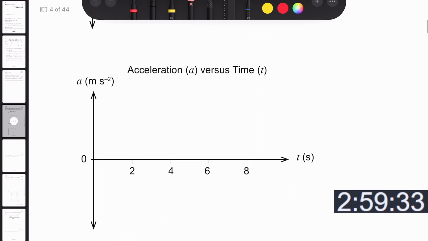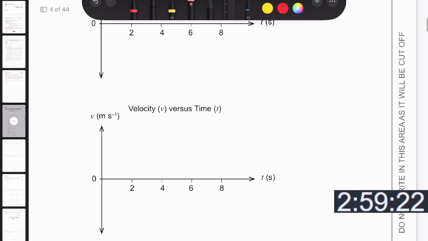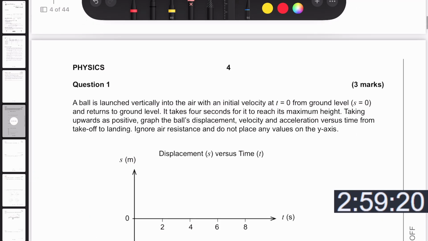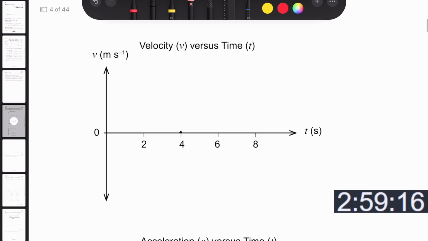Okay, so acceleration is just going to be a straight line, negative. Velocity is going to be initial velocity, and then at 4 seconds it reaches its maximum. So we're going to pass through 4 and something like that.